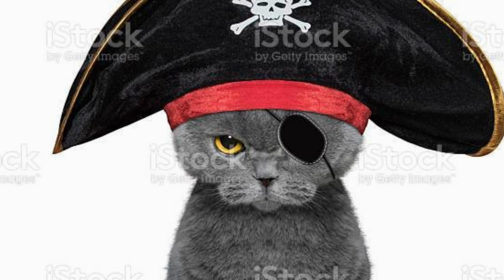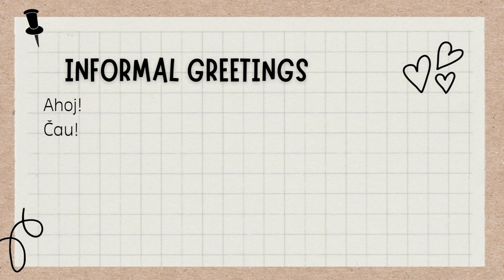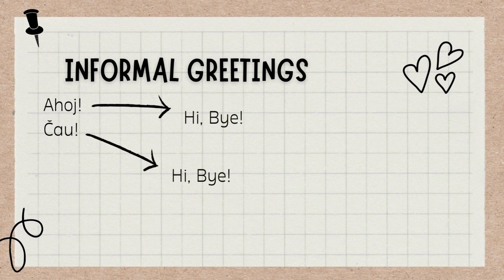It's funny, because the Czech Republic actually doesn't share borders with any sea. Another greeting used in the dialogue is čau, which has the same function as ahoj, and it's also used quite a lot. There's no difference in the meaning of the words. Both can be translated to English as either hi or bye.